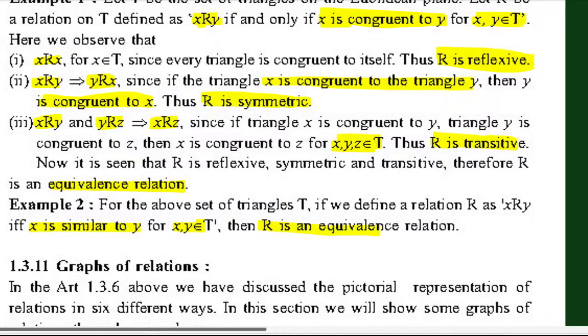So it fulfills the three conditions: it is reflexive, it is symmetric, it is transitive. If X is similar to Y, then Y is also similar to X, which is your symmetric relation. Yes?